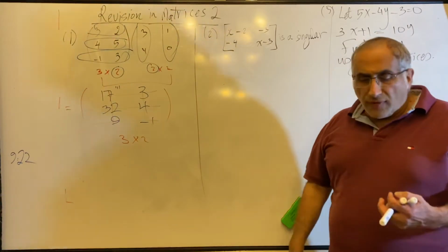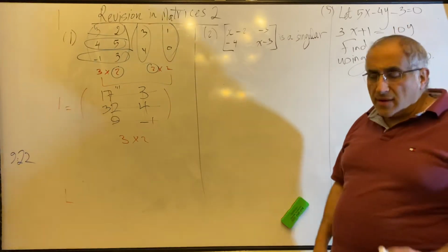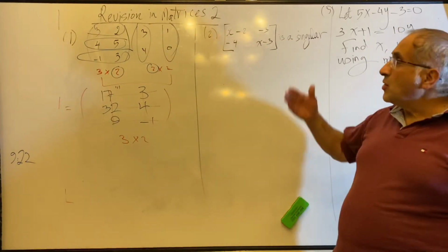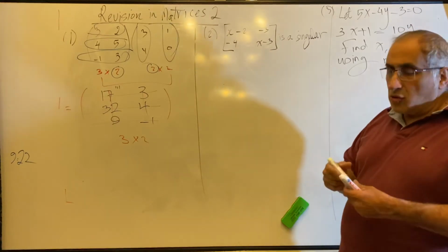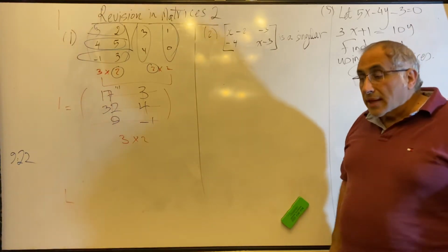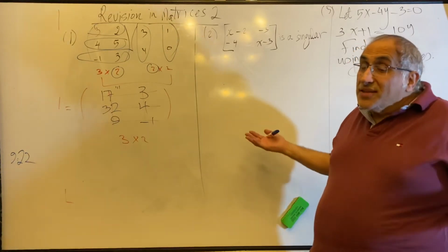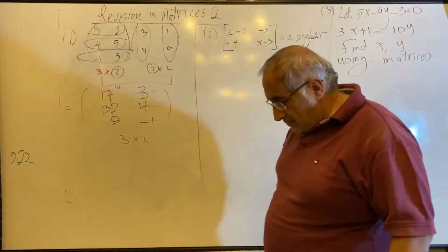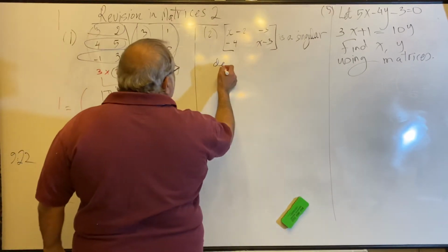You know, in order to find the inverse, we need to find the determinant. All right? And the determinant could be any real number. So what does this question say? We have a matrix. This matrix is singular. What do you mean singular? It means there is no inverse. Why doesn't the inverse exist? Because of this thing called the determinant.